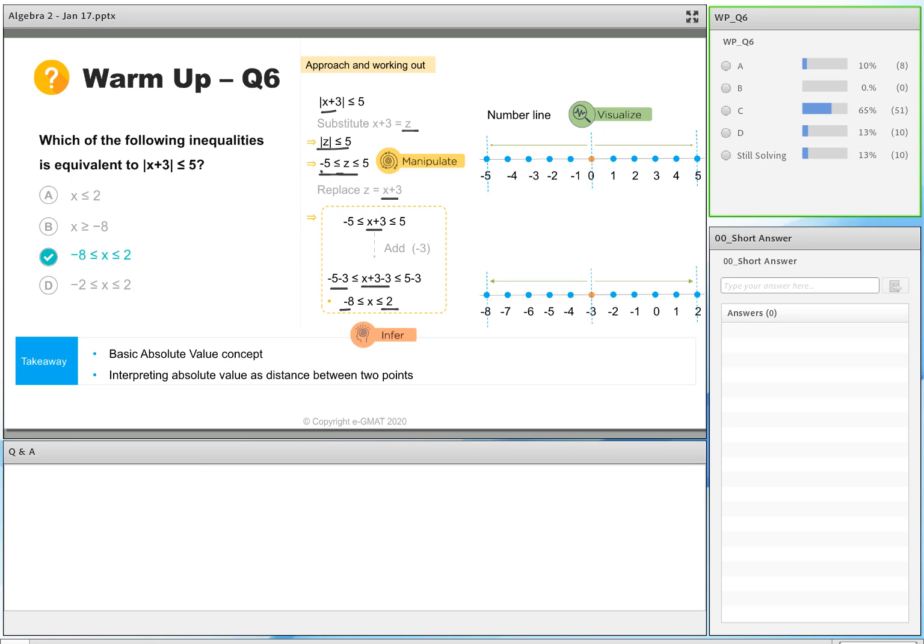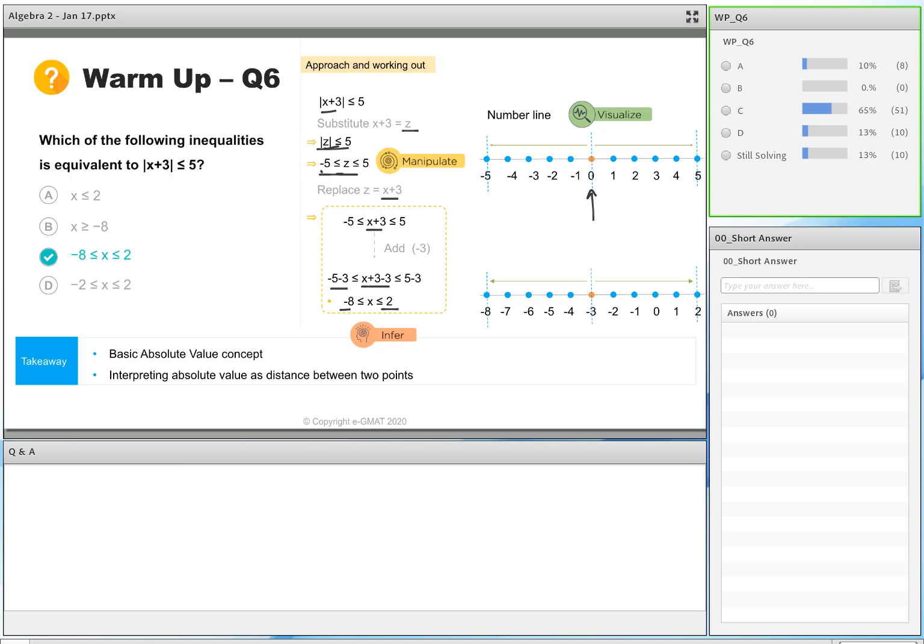This is the way I would want all of you to solve questions based on absolute values and absolute inequalities. Now, a very important process skill that we call here at e-GMAT is visualization. We can also visualize this question: when we say that some number is less than or equal to 5, it means that, with respect to 0 on the number line, this number needs to be at a distance of 5 units from 0.